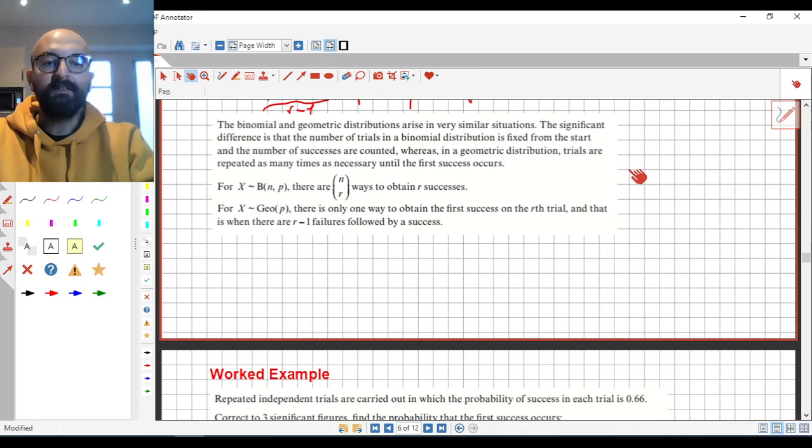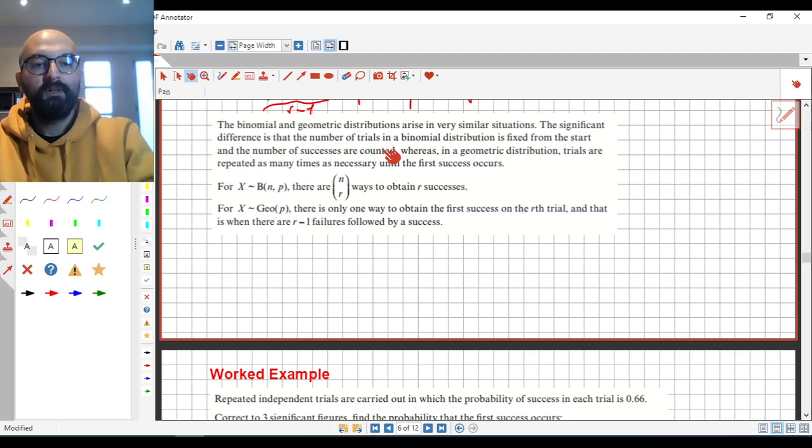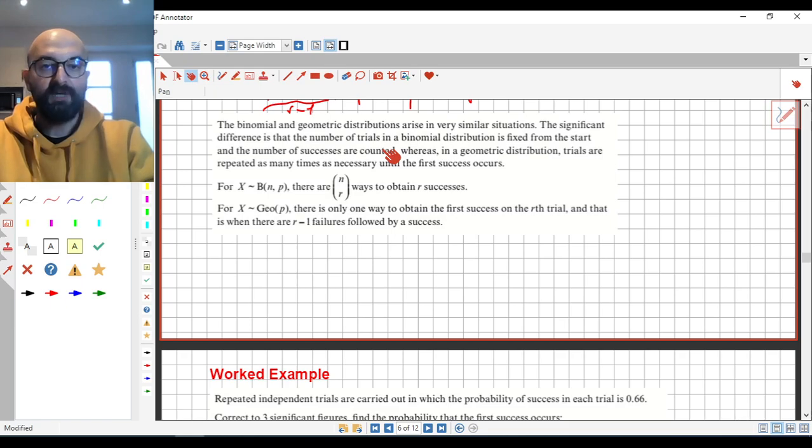The binomial and geometric distributions arise in very similar situations. The significant difference is that the number of trials in a binomial distribution is fixed from the start, and the number of successes is counted. For example, in the binomial distribution, we want to get 5 successes, or 2 successes, or 3 successes, and it doesn't matter about the order.